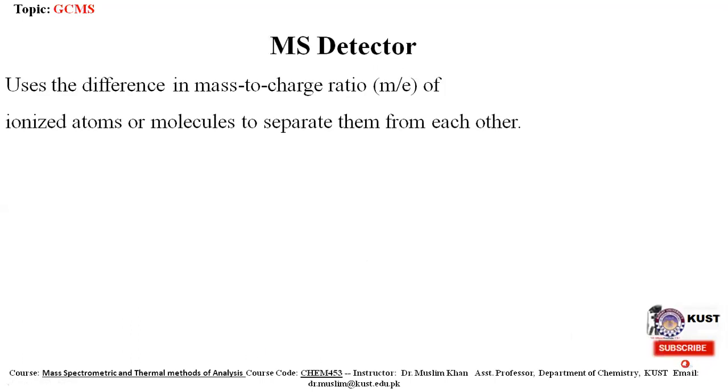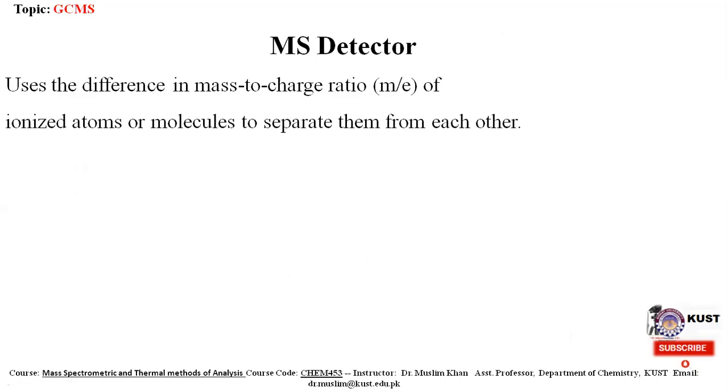So the MS detector uses the differences in mass to charge ratio of ionized atoms or molecules to separate them from each other. You have studied mass spectrometry in detail. What is a mass spectrometer?